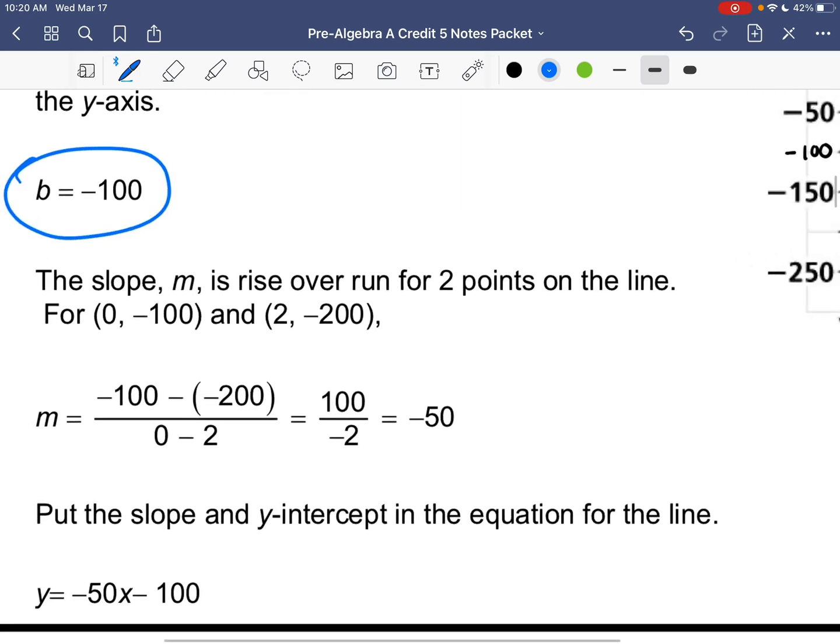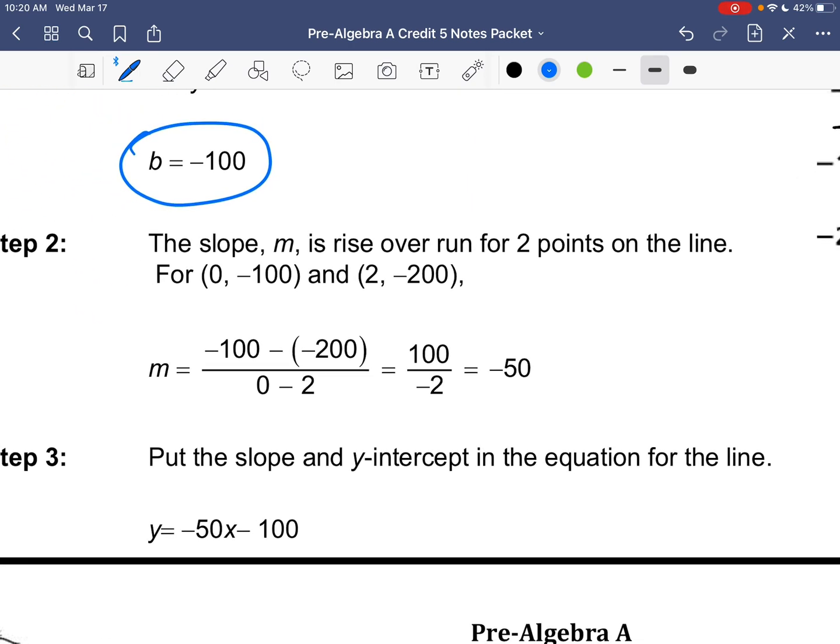So we see them do that here. Again, with these 2 points, we see on the top of the fraction, they have the first y, negative 100, minus the second y. And on the bottom, we have the first x minus the second x. So doing the math, we get 100 divided by negative 2, giving us negative 50.